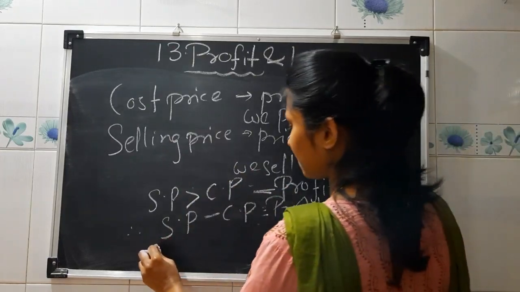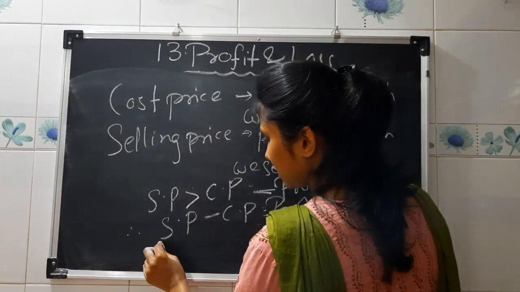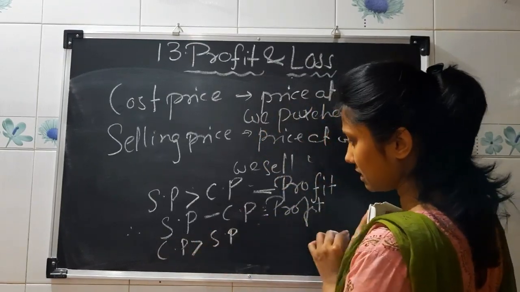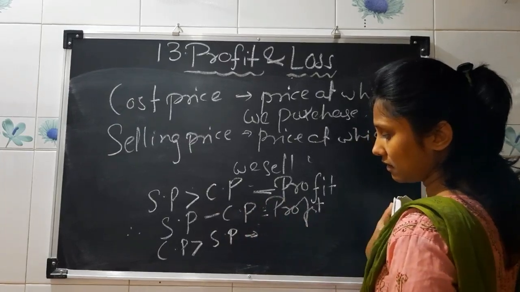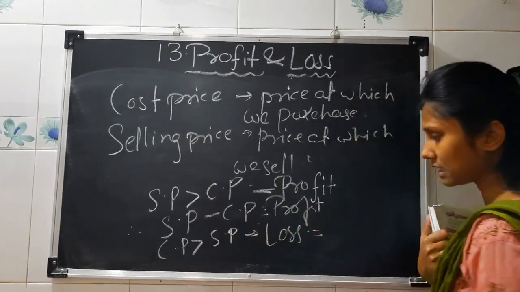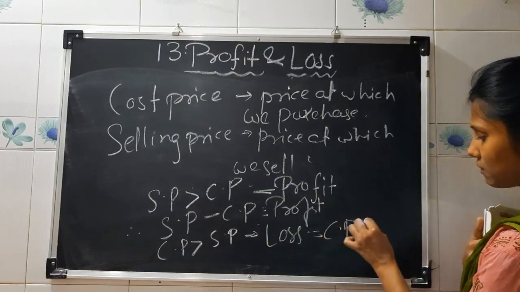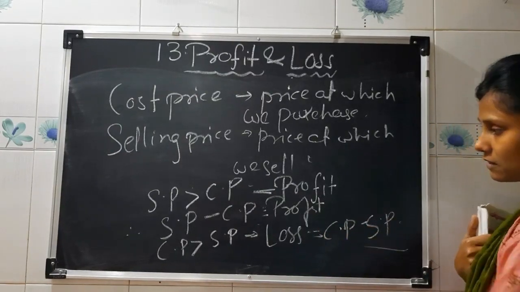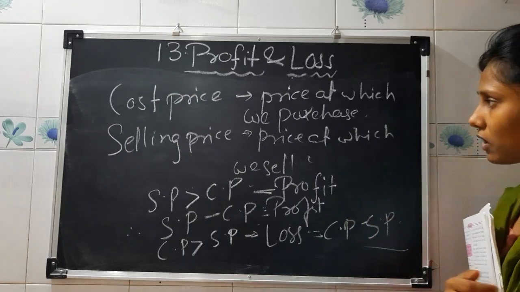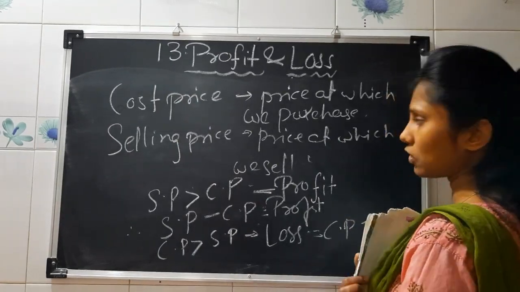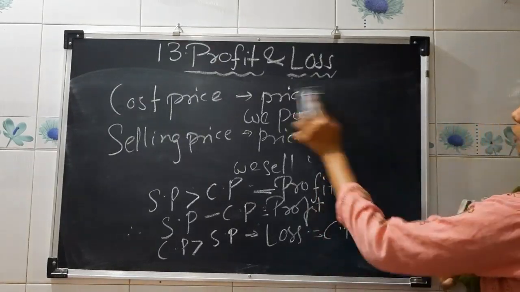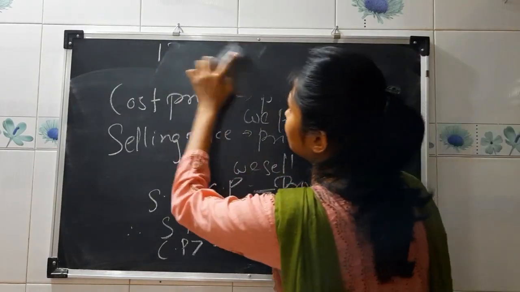And when cost price is greater than selling price, then it is a loss. So loss is equal to cost price minus selling price. Okay, you have to learn these two formulas. We will be solving sums based on these two formulas. So now we will move to solved examples.